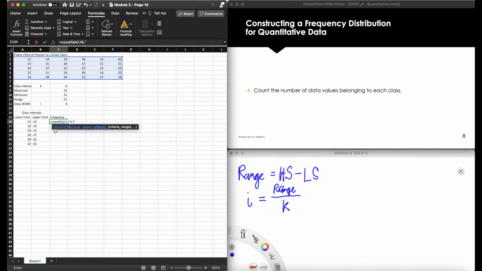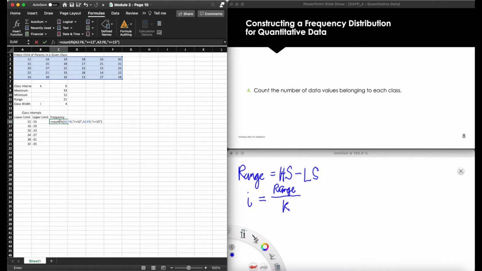Make use of quotations there, comma. Then highlight the same selection again, because it should be less than or equal to 15. And then close parenthesis.